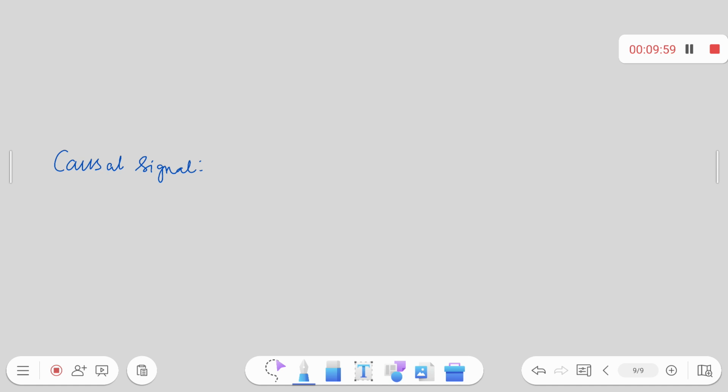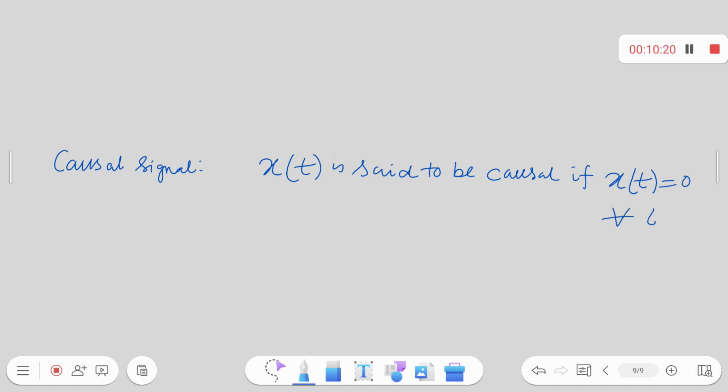A signal x of t is said to be causal if x of t is equal to 0 for all t less than 0.